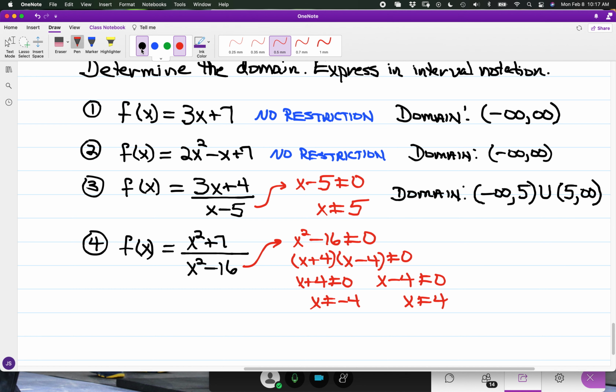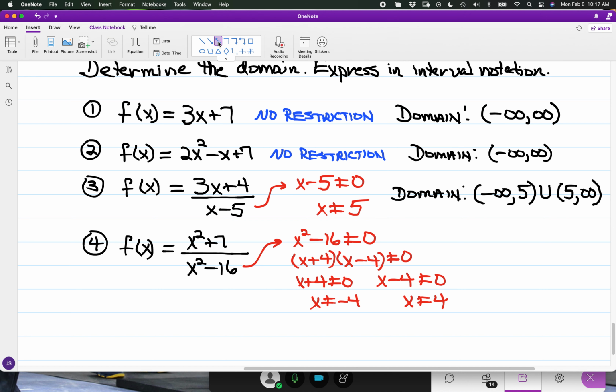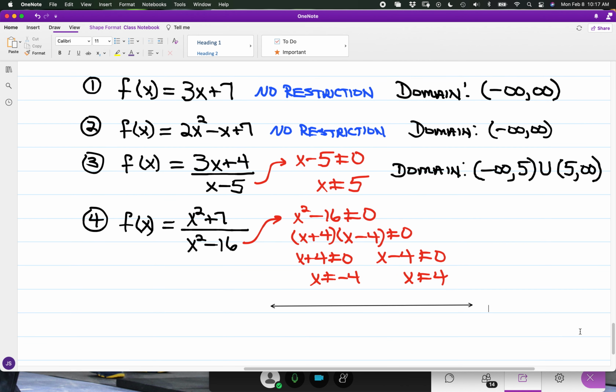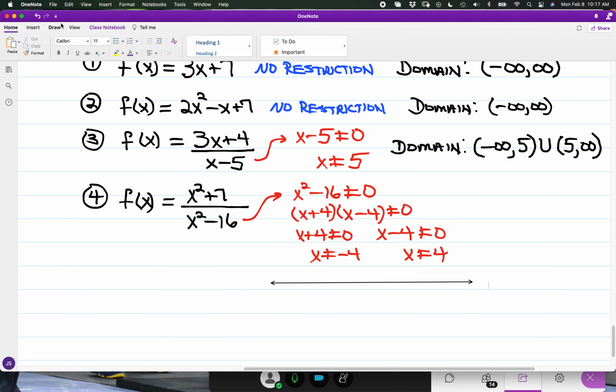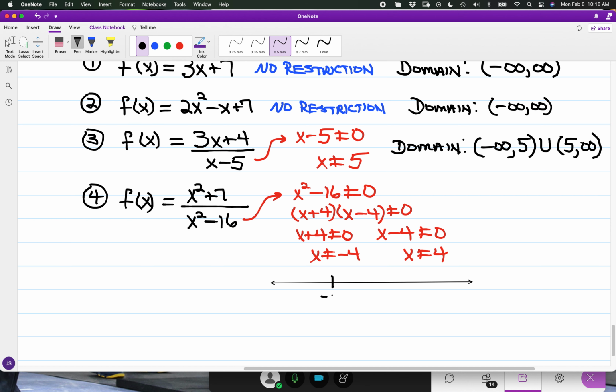Just to give you a bit of a visual, we have the centerpiece numbers, negative and positive 4, with negative and positive 4 excluded, because they have holes on the sections where negative and positive 4 are located.